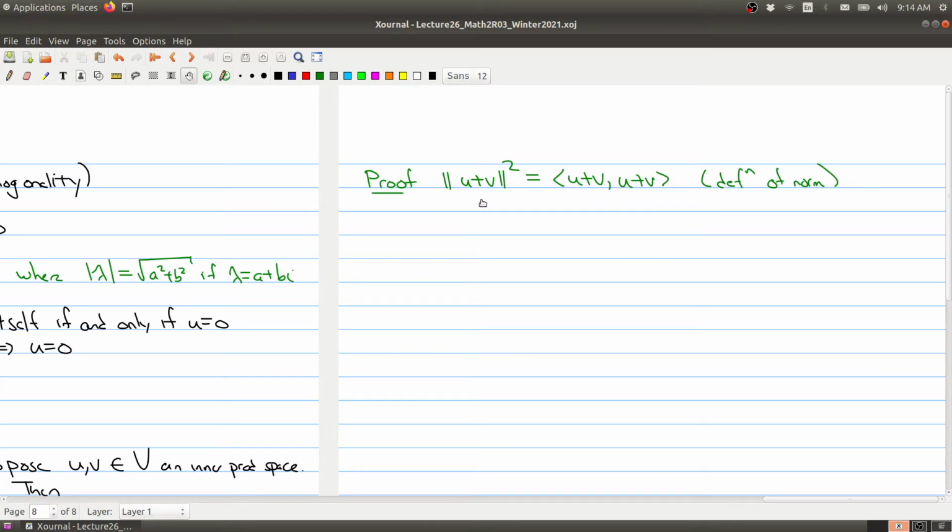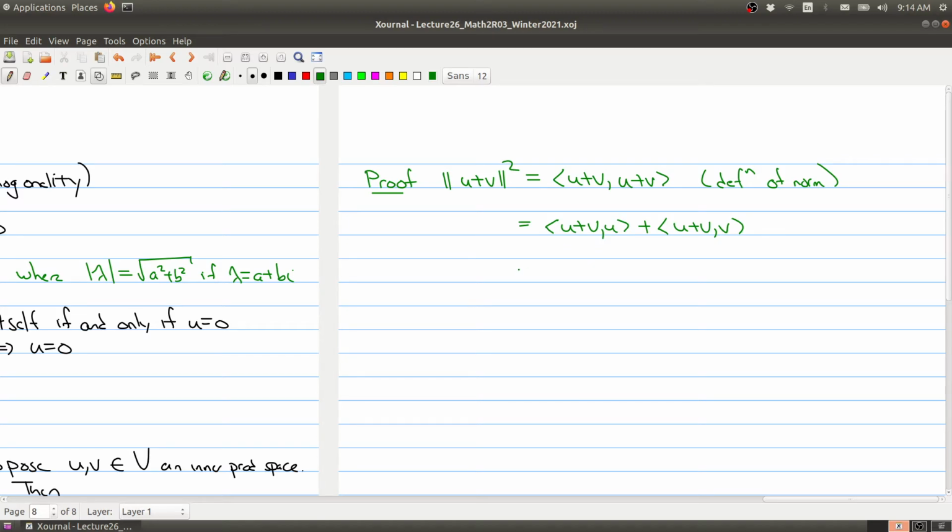So we're interested in the norm of u plus v squared. According to the definition, that's just the inner product of u plus v comma u plus v. By squaring it, we get rid of the square root. Now we have homogeneity in the first coordinates and in the second coordinates. So let's do the second coordinate first. This is equal to the inner product of u plus v with u, plus the inner product of u plus v with v. That's one of the properties that we proved about inner products.